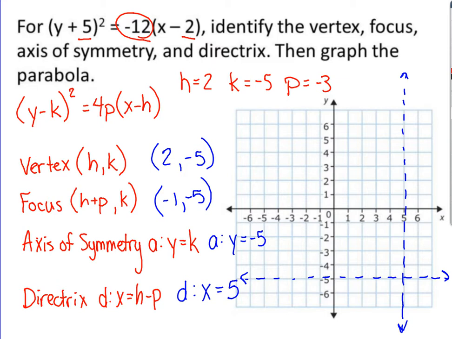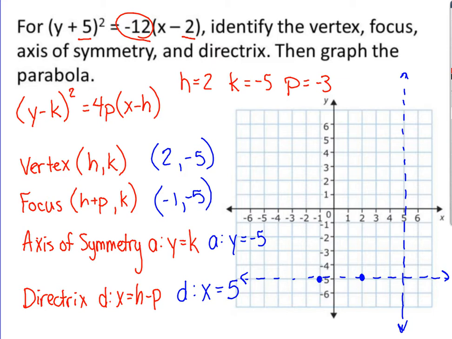We know because the y part is squared, it's going to open horizontally. And because the p value is negative, we know it's going to open to the left. We know our vertex is at 2, negative 5. And we know our focus is at negative 1, negative 5.